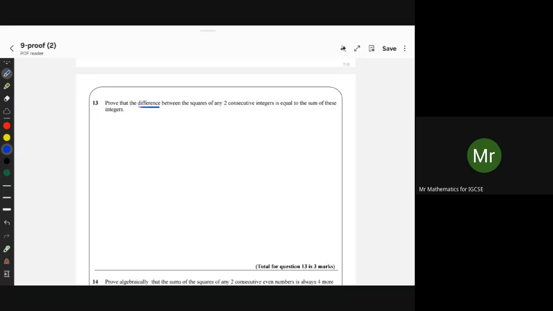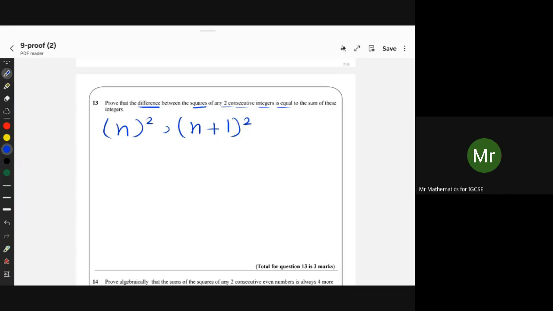The first statement said the squares of any 2 consecutive integers. So what are the 2 consecutive integers? n squared and n plus 1 squared. Okay. He said the difference. Difference means the large minus the small.